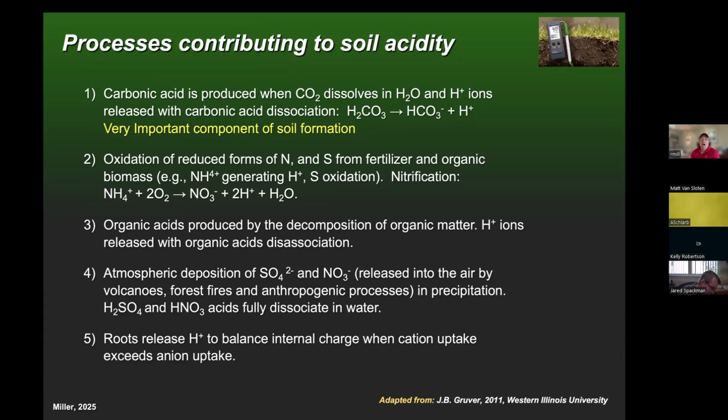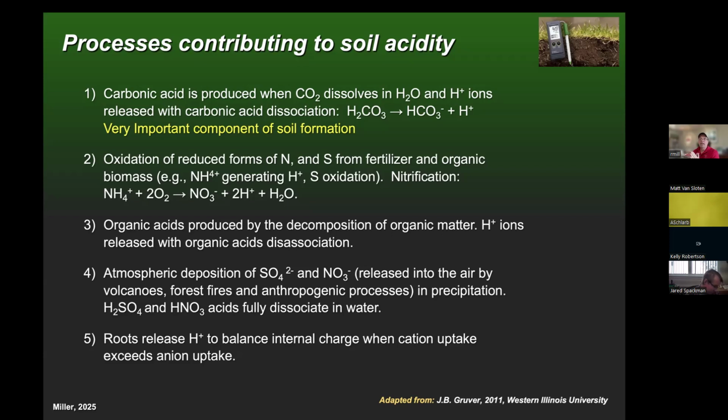In the case of ammonium here, we're releasing 2 protons for every part per million ammonium that's put into the system. Third, we have organic acids. This specific decomposition of organic matter releases hydrogen ions and the organic acid dissociations. Fourthly, we have atmospheric deposition of sulfate and nitrate, such as that released by volcanoes.